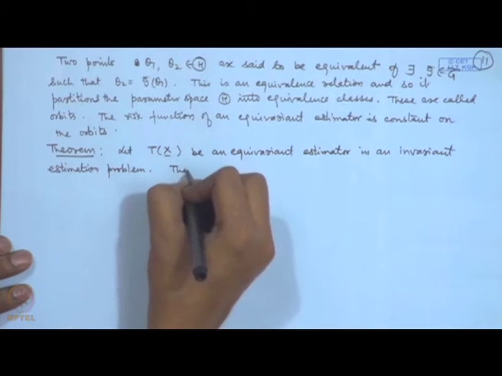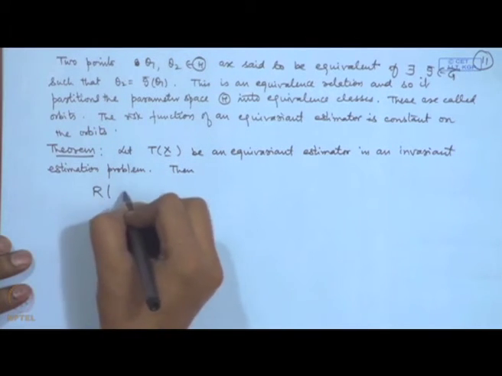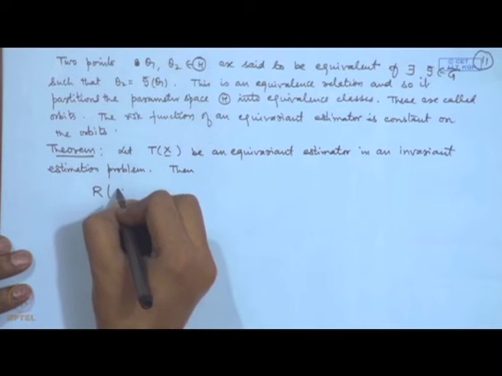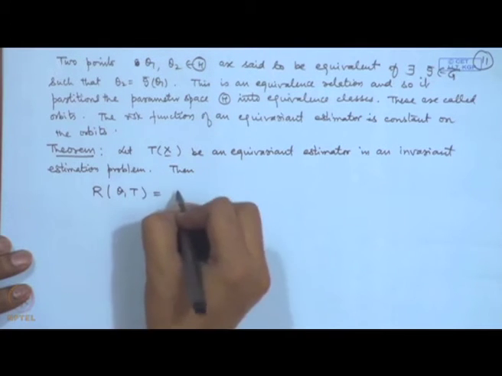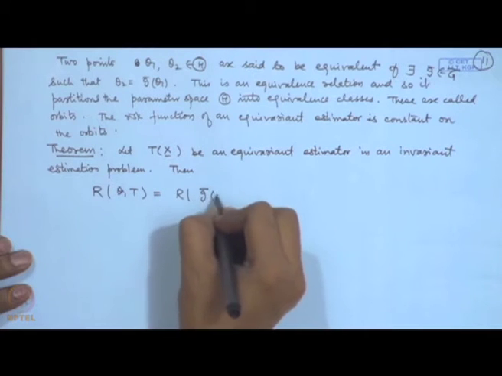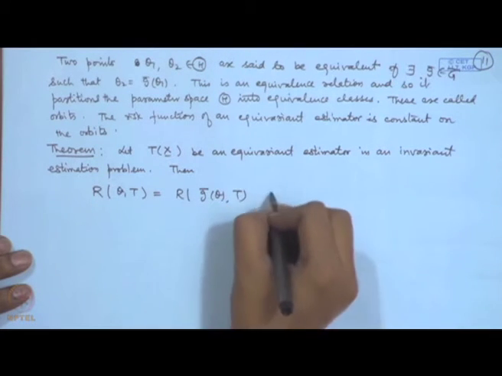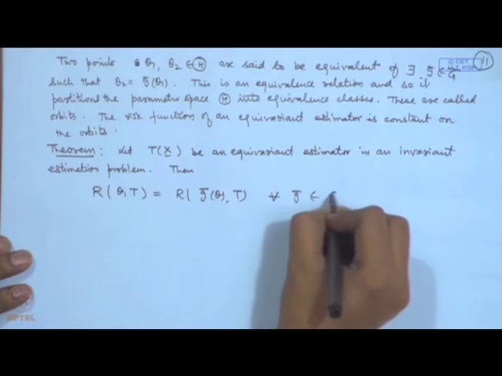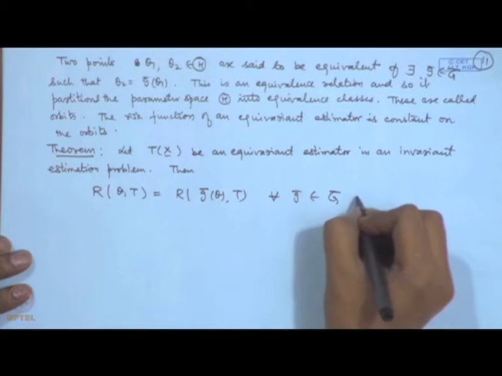Then risk function of T is equal to risk function of T at g bar theta for all g bar and for all theta.